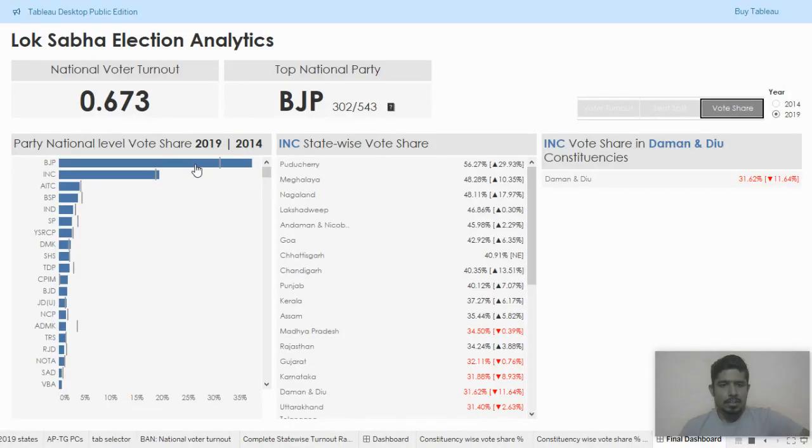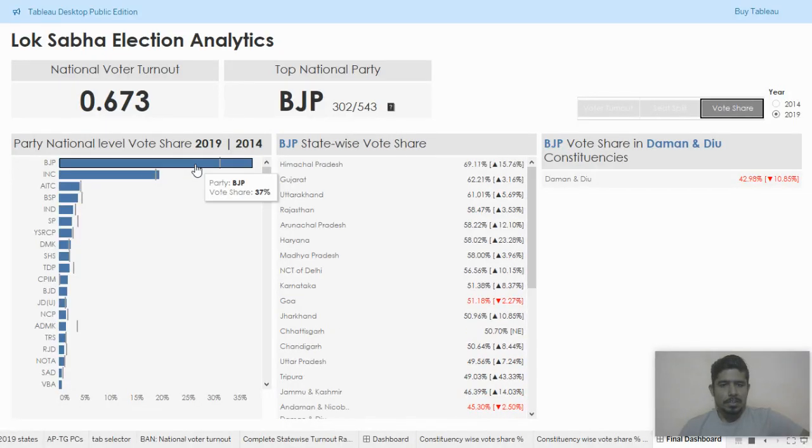If I click on BJP, then I am able to see all the states where BJP contested for the election, and I am able to see how much percentage of vote BJP was able to receive.